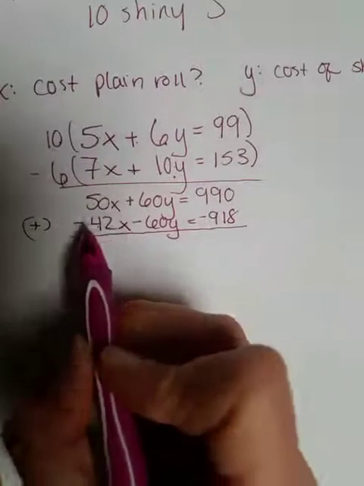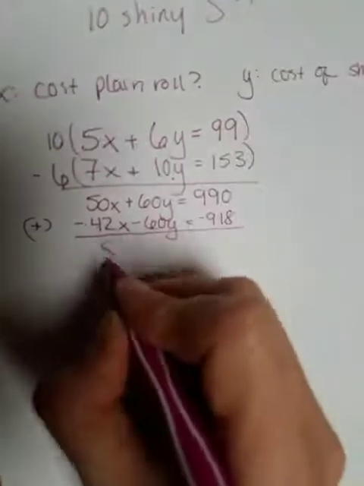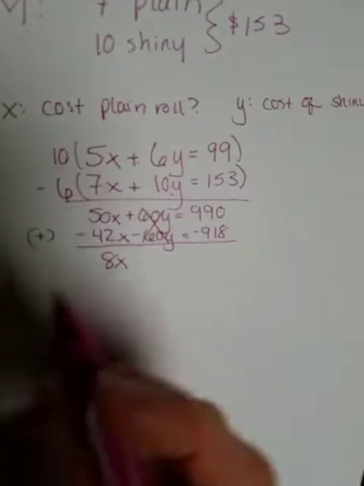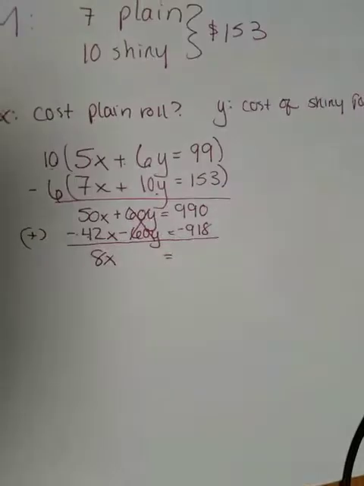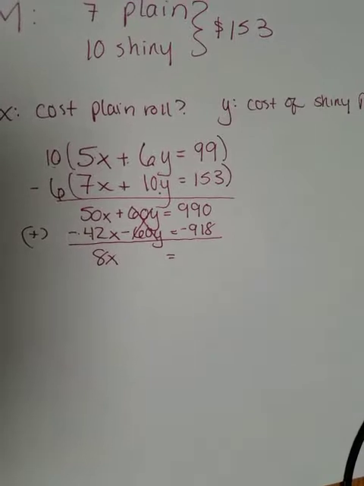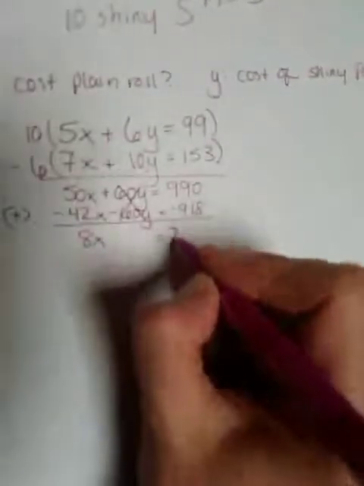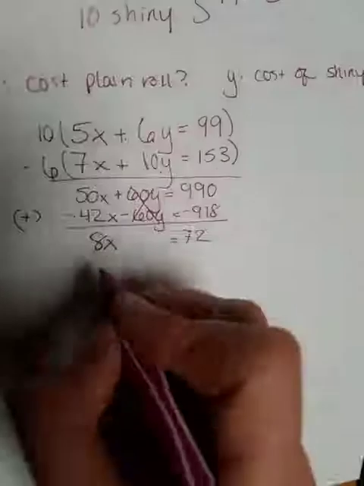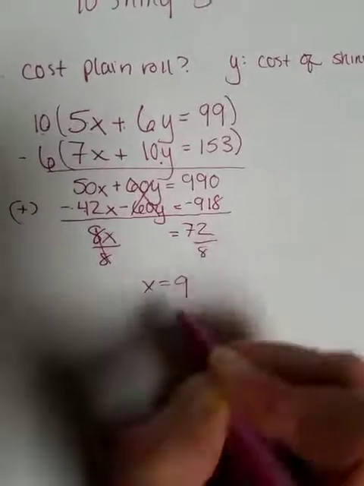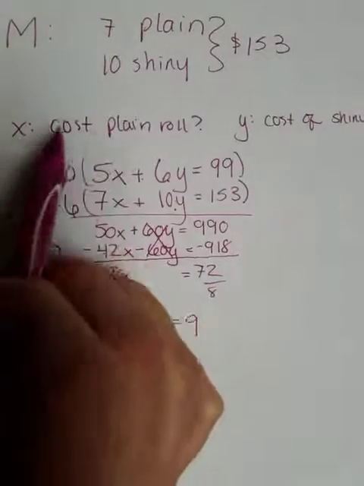So 50x minus 42x is 8x. 60y plus a negative 60y, those cancel like they should. And then 990 plus a negative 918, that's 72. Last step, divide by 8, you get x equals 9. So that means, wow, it's expensive wrapping paper.